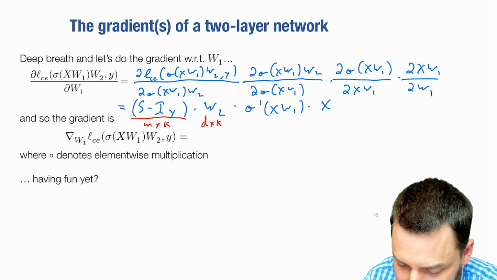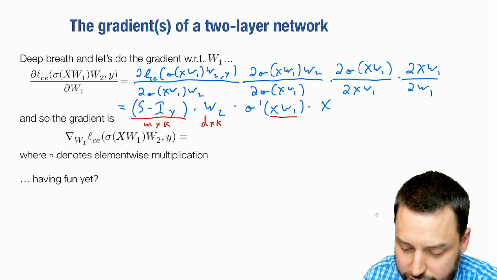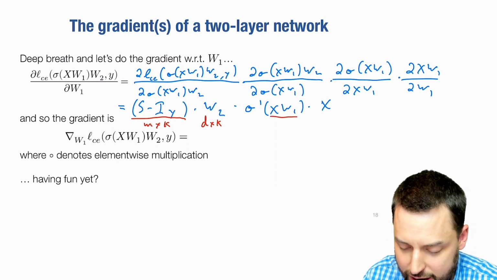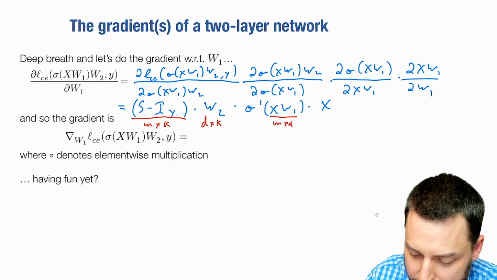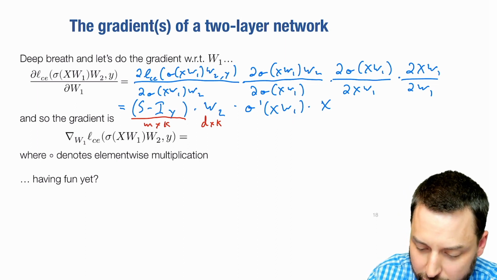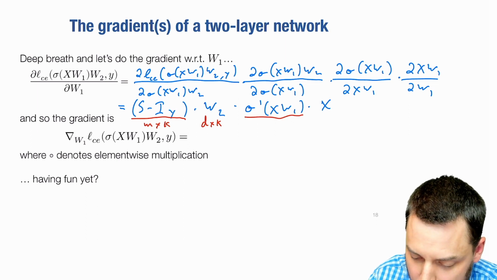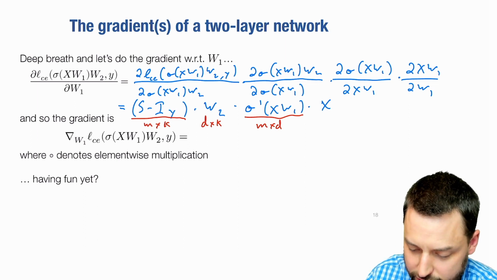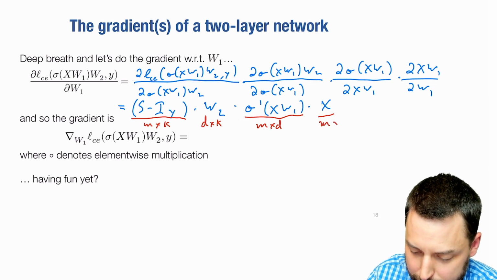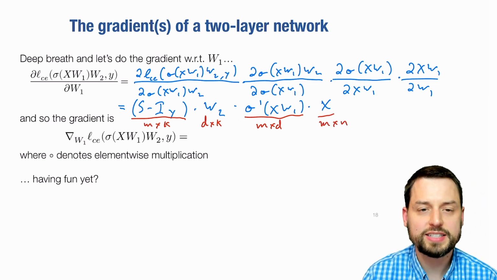This matrix here is going to be m by d. So this whole thing, also a scalar function, would also be m by d. And then this quantity here would be m by n. So those are the sizes of everything.